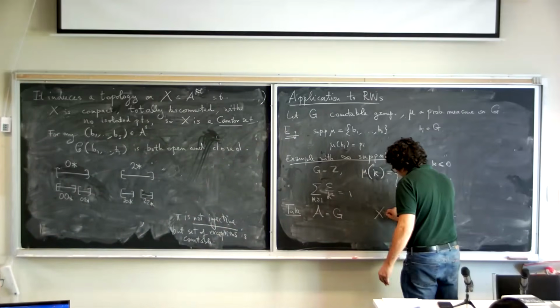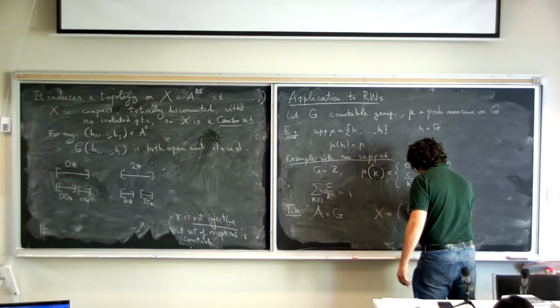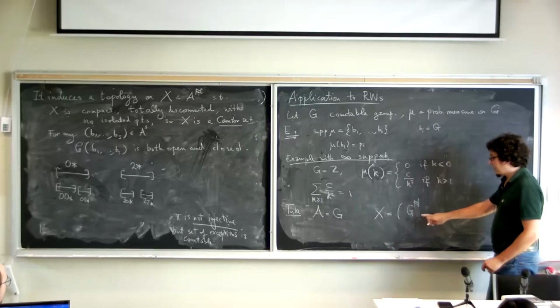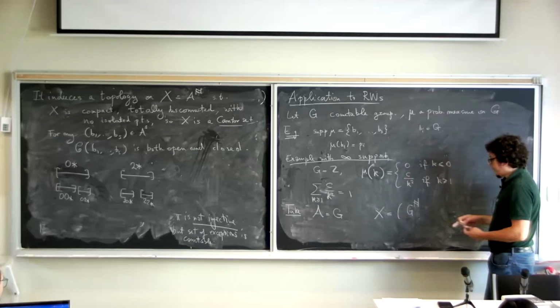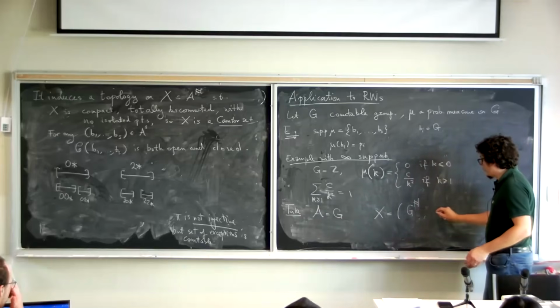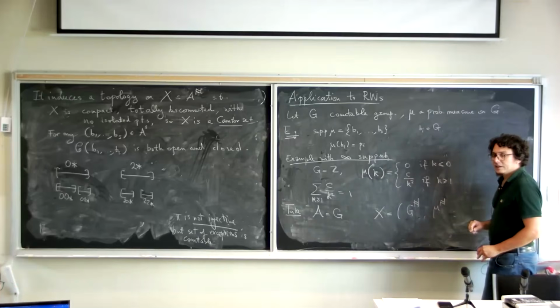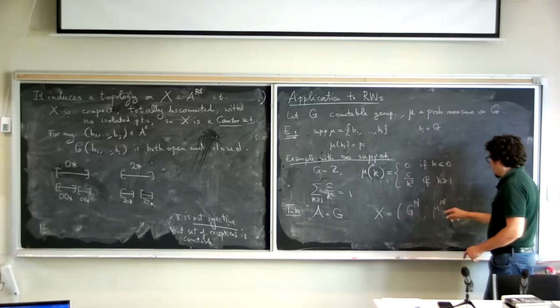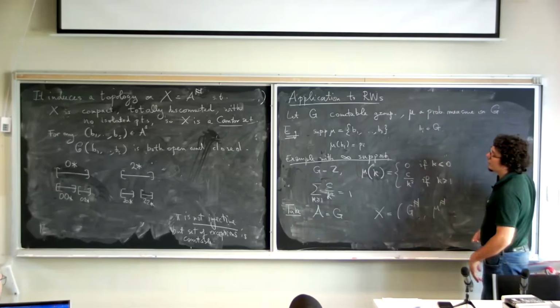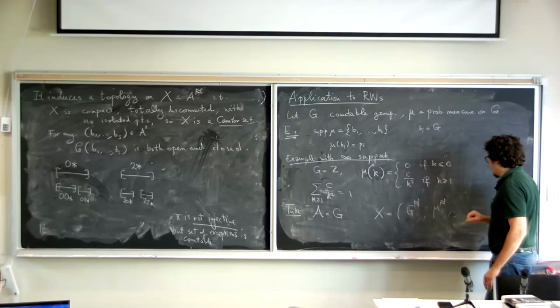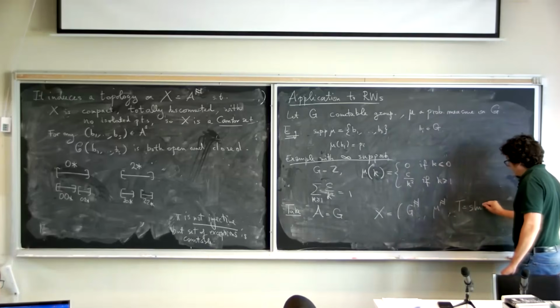Your space X is the product space G to the N, so you take sequences of group elements, and our measure is this mu to the N. The Borel sets are defined using the product topology, for instance, and T is again the shift map.